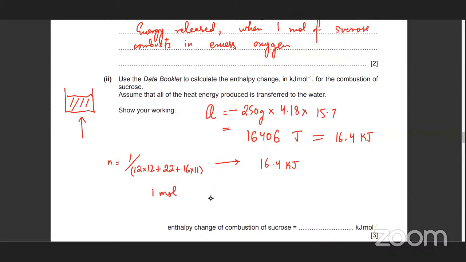So 1 mole is going to produce how much? You can use ratios. So here x would come out to be 16.4 into 1, and then divided by this whole thing. If it's being divided, this would actually get multiplied. So it's going to be 12 into 12 plus 22 hydrogens plus 16 into 11. Can somebody tell me what the value is?